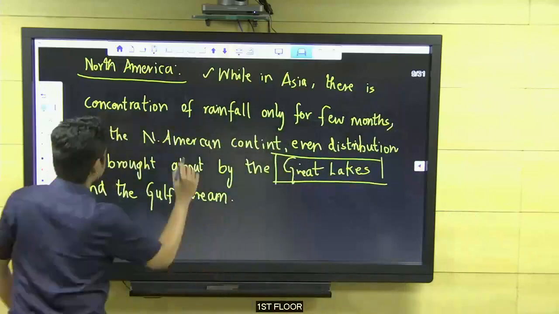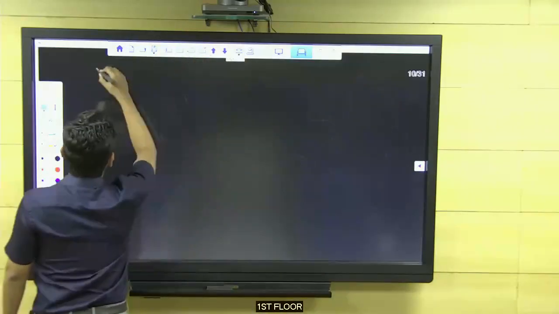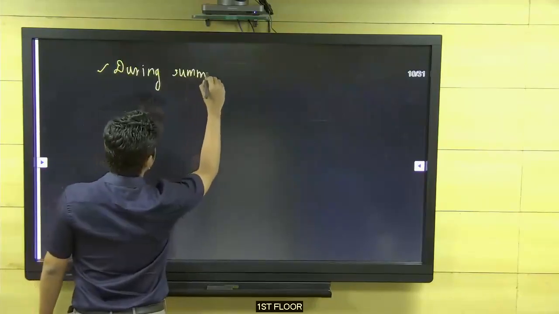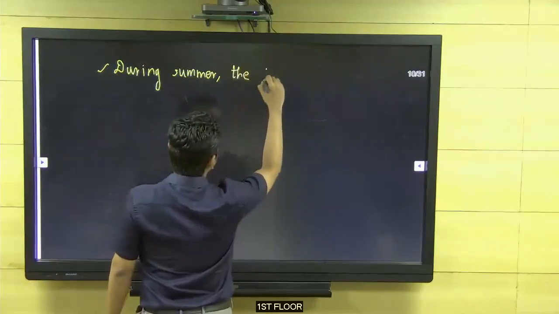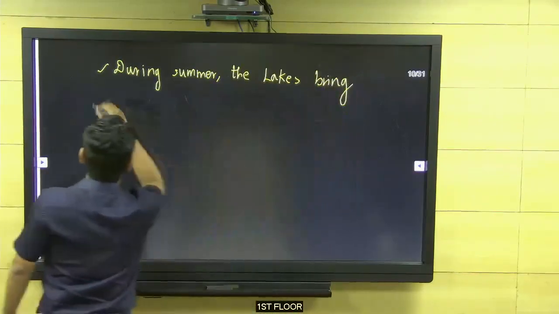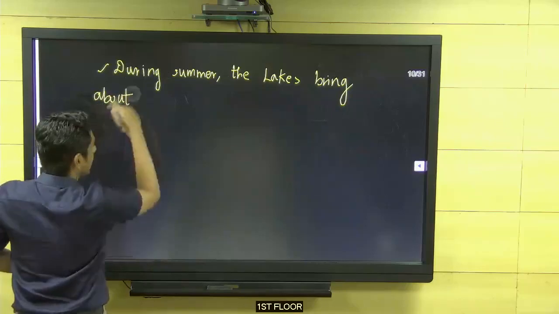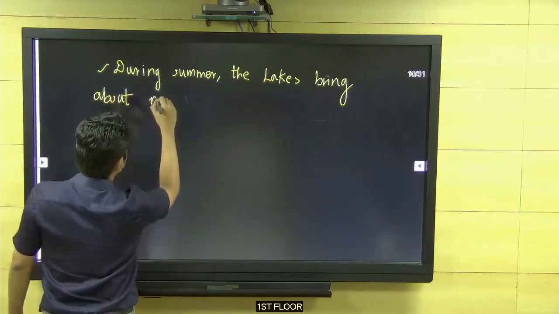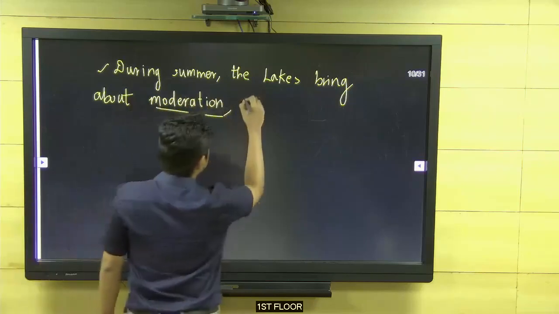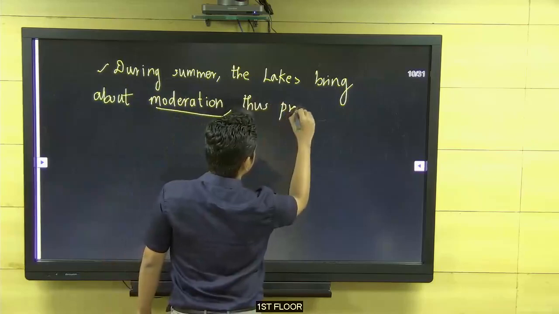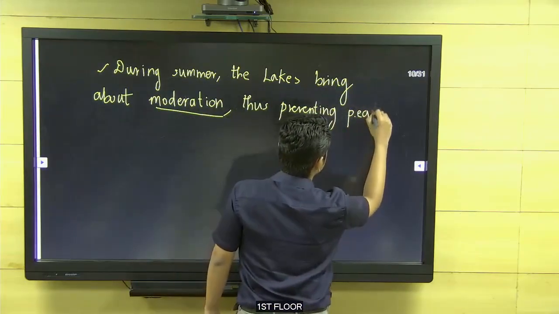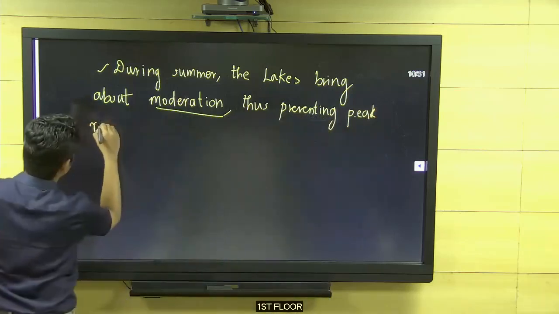So during summer, the lakes bring about moderation because of land and water, so your temperature is not going to peak. They bring about moderation, thus preventing peak rainfall. You're not going to get very, very high rainfall.